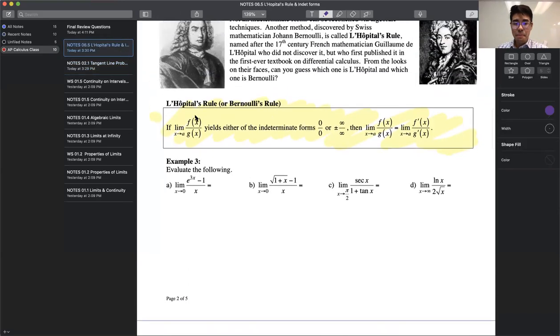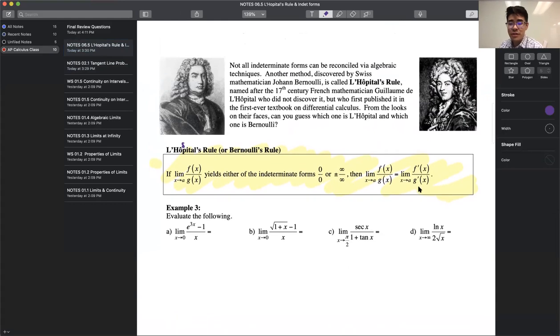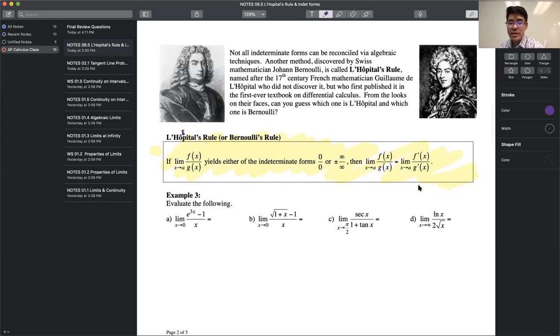Really quickly, I want to give you L'Hôpital's rule. L'Hôpital with an S. You have these 2 indeterminate forms, right? 0 over 0, infinity over infinity. So if you want to evaluate the limit and it's impossible to do so, then all you need to do is take the derivative of the top and take the derivative of the bottom separately.